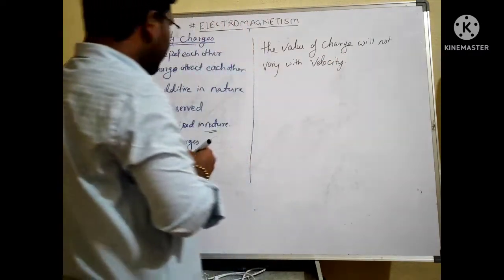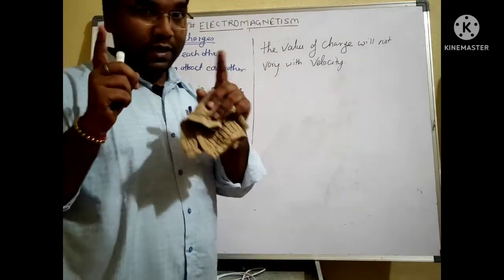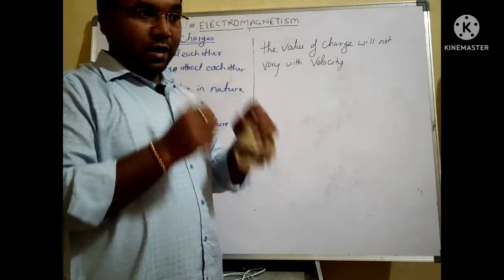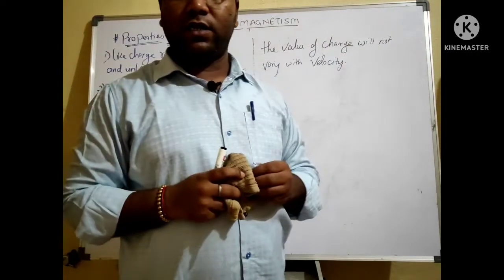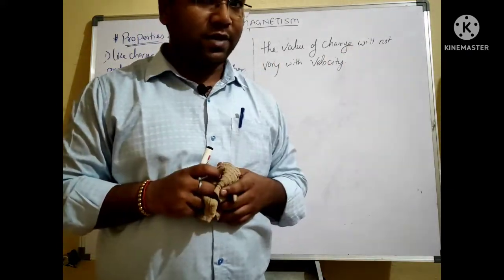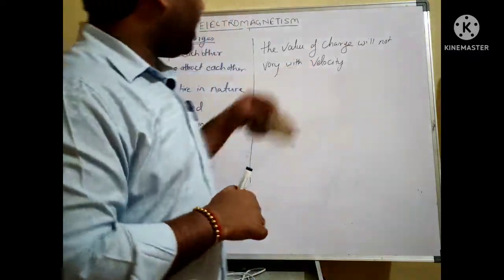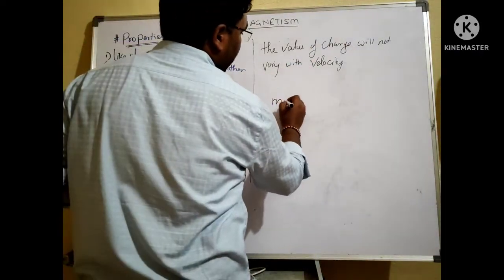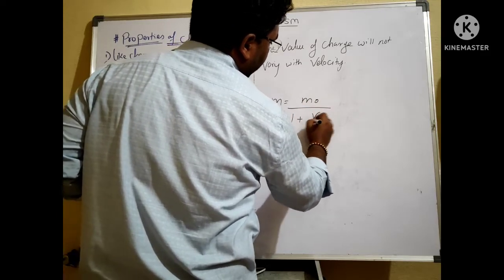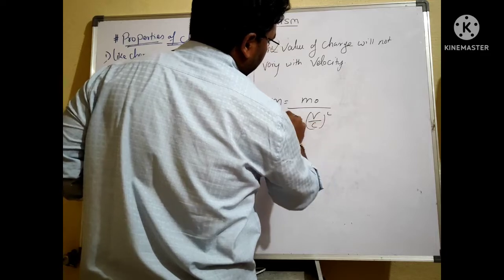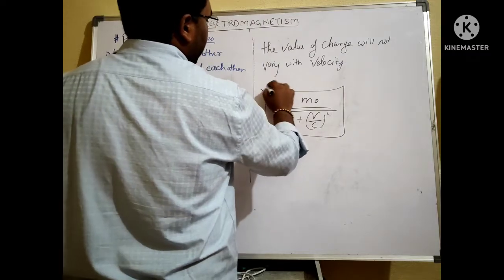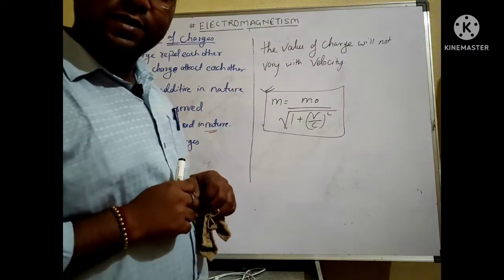The meaning of invariability is this. But if we consider any object having mass moving with some velocity, then its mass will change according to the velocity, given by the relation m equal to m naught divided by the square root of 1 minus v squared by c squared. So this is the equation of the variability of mass.